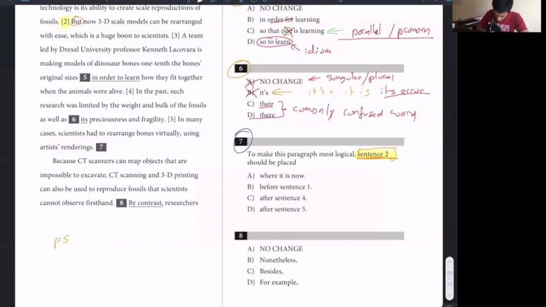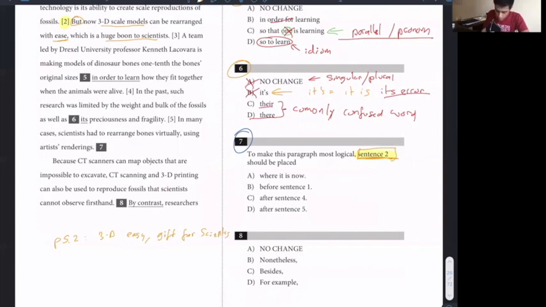The point of sentence 2 is 3D scale models can be arranged with ease, which is a boon to scientists. So 3D models is an easy gift for a scientist. And there's a but before this. Therefore, the sentence before this has to be the opposite.